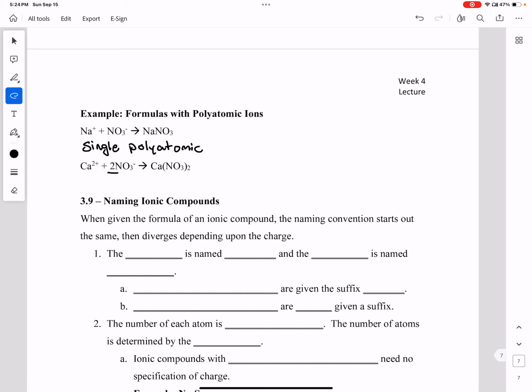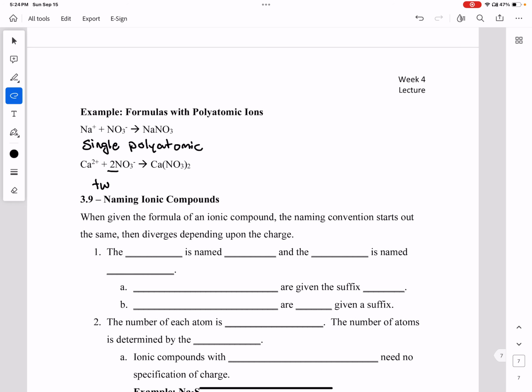I'm not distributing that 2 anywhere. If I have 2 polyatomics, I put it in parentheses, and that applies to everything inside the parentheses. We're just indicating that the NO3 is its own independent thing.